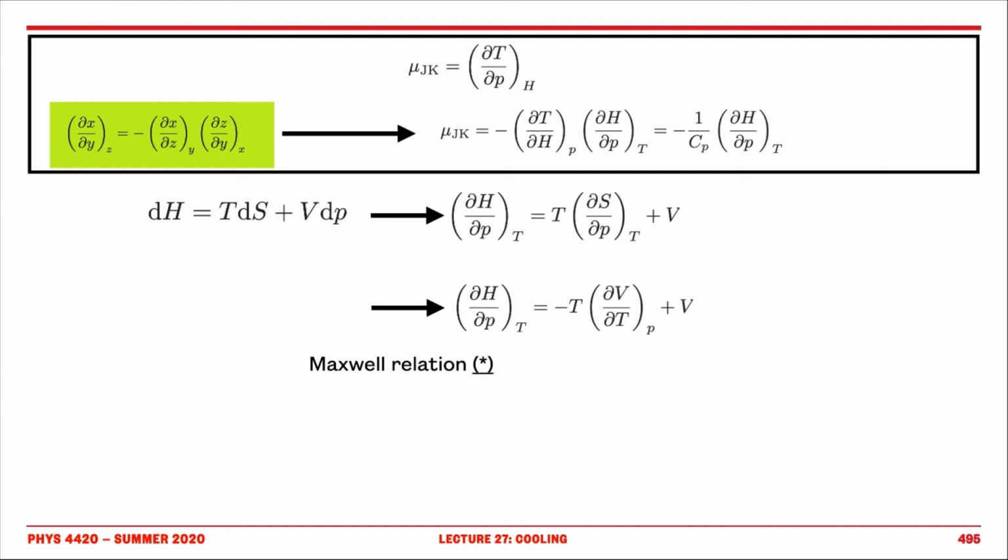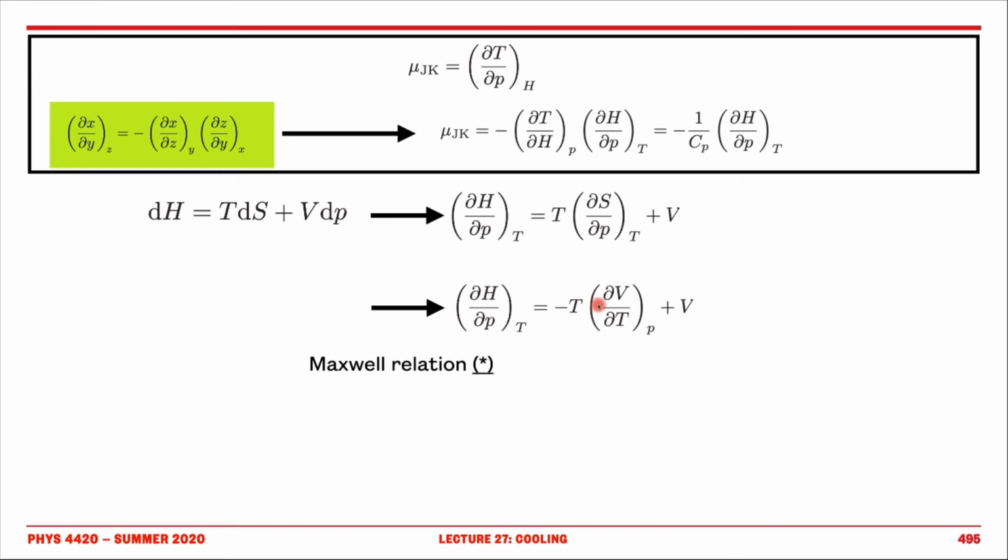So using a Maxwell relation one more time, that allows me to replace this derivative, which is not an easy derivative to calculate. It's a change of entropy with respect to pressure. It turns out that this is nothing else than minus the change in volume with respect to temperature, which is clearly an easier thing to calculate or to measure. So this is all good and nice.